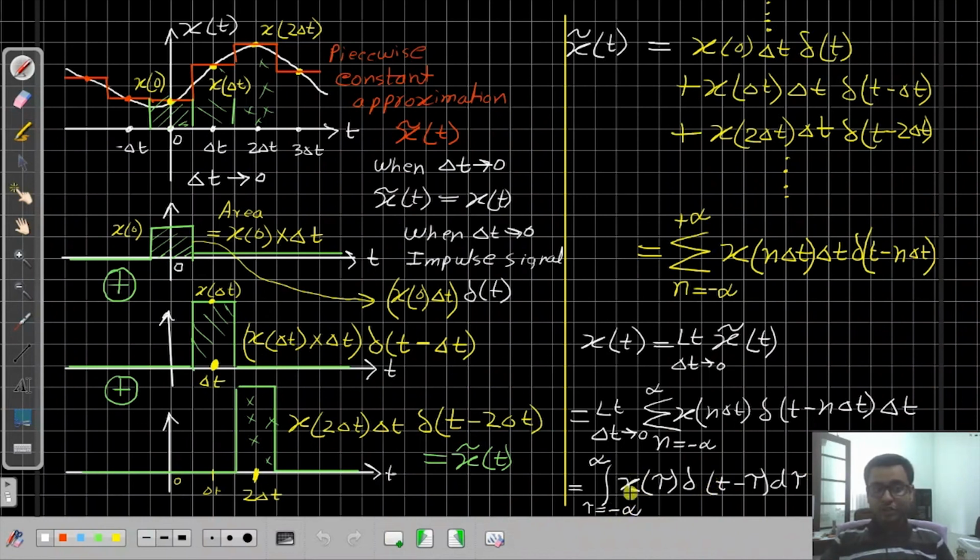So the convolution between x and δ is the same as x itself, and this comes from the fact that any signal can be written as the sum of small narrow slices like this.